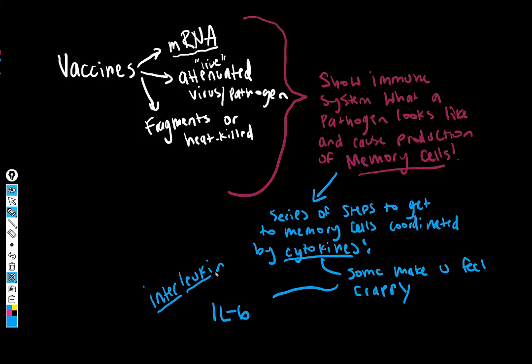Interleukin 6, for one example, is not only used for communication by immune cells, but it also tends to cause myalgia, which is muscle aches. So the achiness that you might feel post-vaccine, not only at the vaccination site, but also elsewhere, is sometimes caused by interleukin 6.